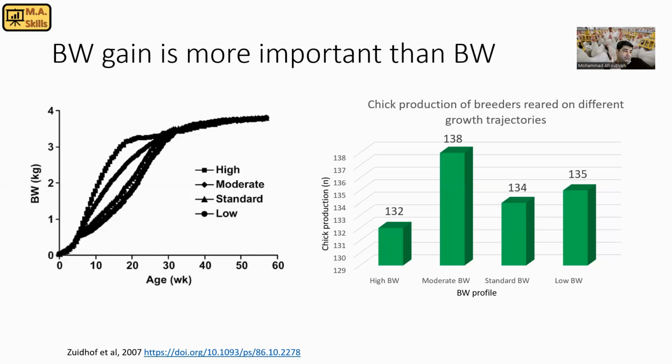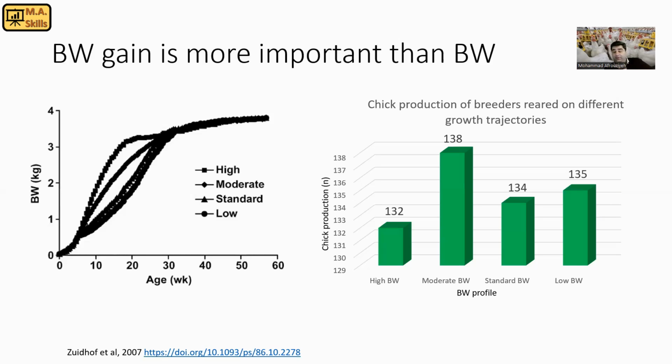But pay attention to the profit. Our final objective is profit, right? If they have produced more chicks, it doesn't mean it is profitable.